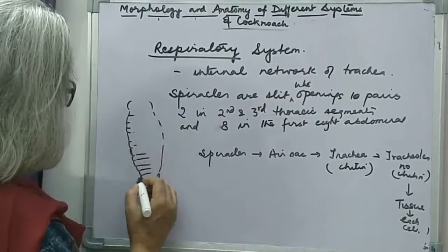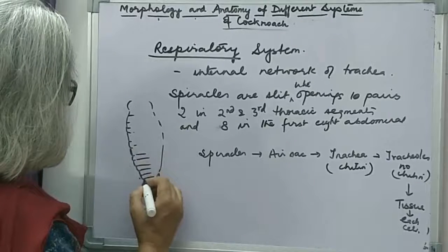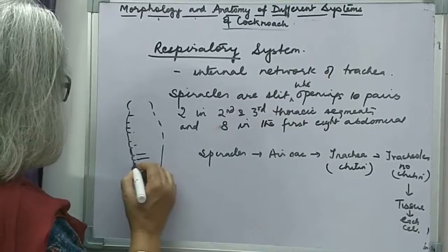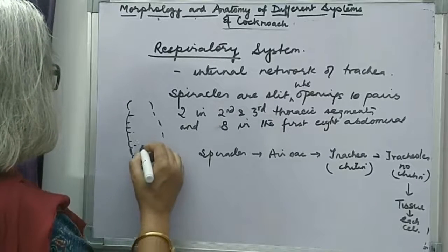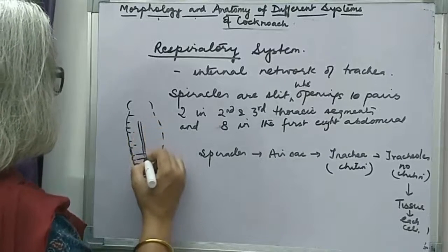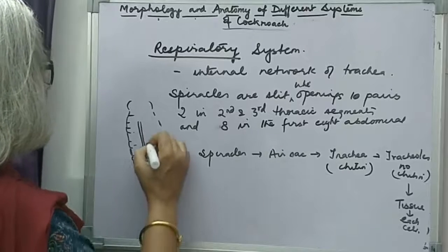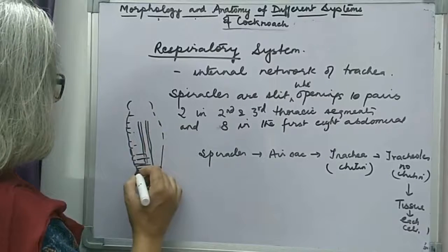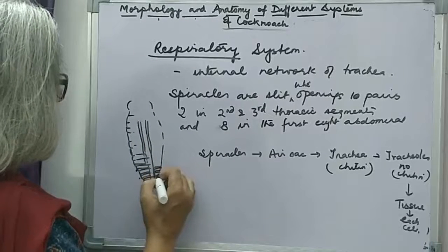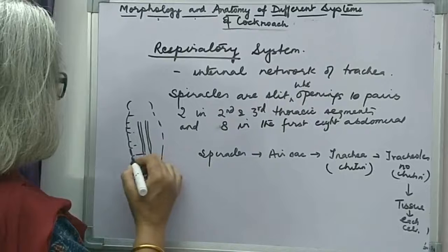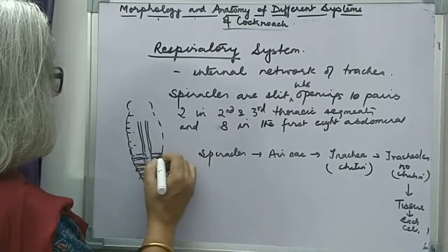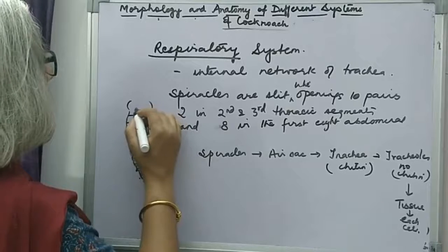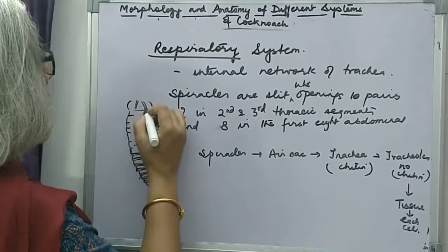These have openings here, and it forms a network of tubules like this, open into air sacs. There is both a horizontal and vertical network of tubules from the spiracles. Actually the marker is very broad, but I hope I am able to explain. And in the head region there are cephalic trachea like this.